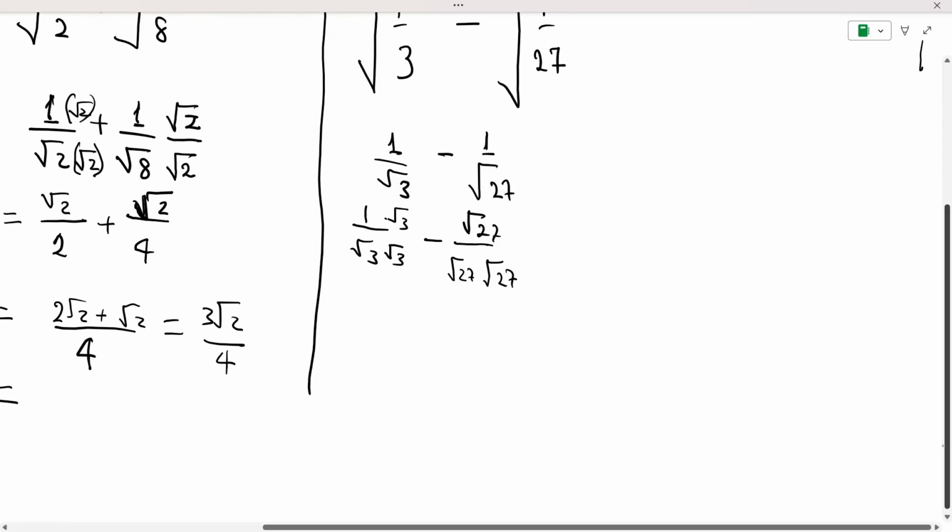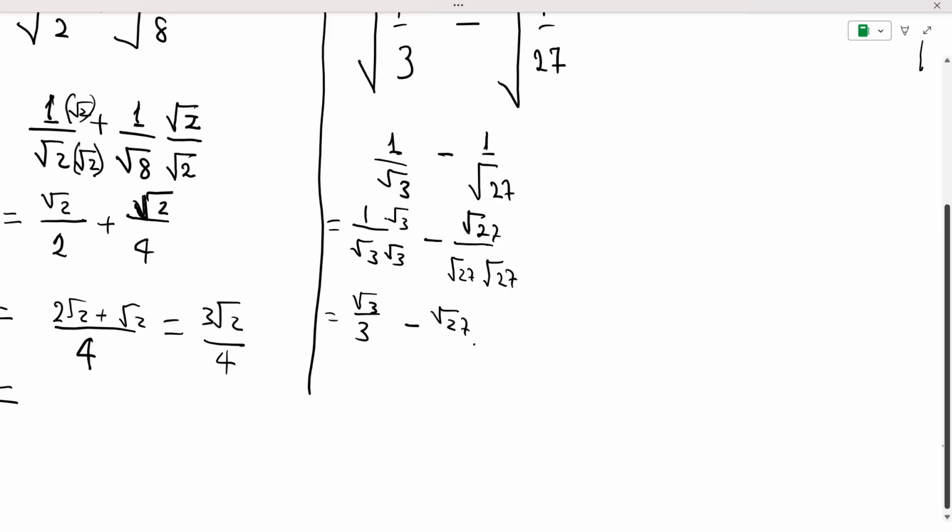So the bottom will be root 3 times root 3, which will be 3. And the top would be 1 times root 3, which is root 3, minus root 27 divided by 27.